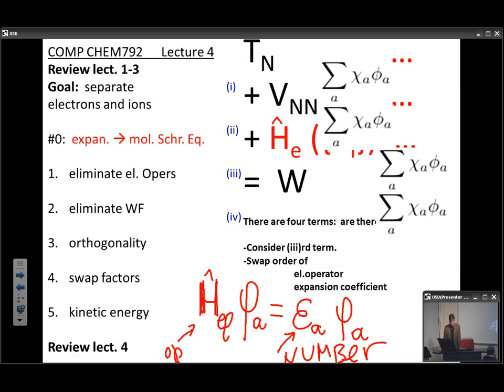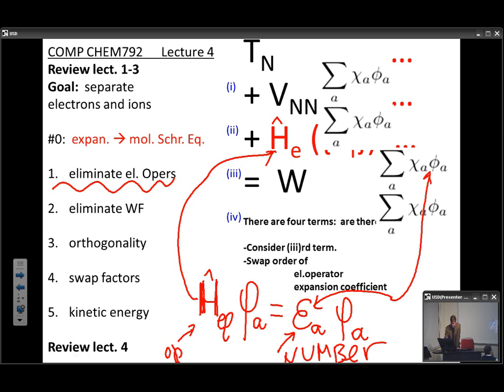And if we plug this eigenvalue property into the third term, we can replace our operator of energy with the eigenvalue of energy. Well, we should put it here under the sum sign, but it is a small positive help in our big goal. We are getting rid of electronic operators. We are going to eliminate the electronic operator. This one.